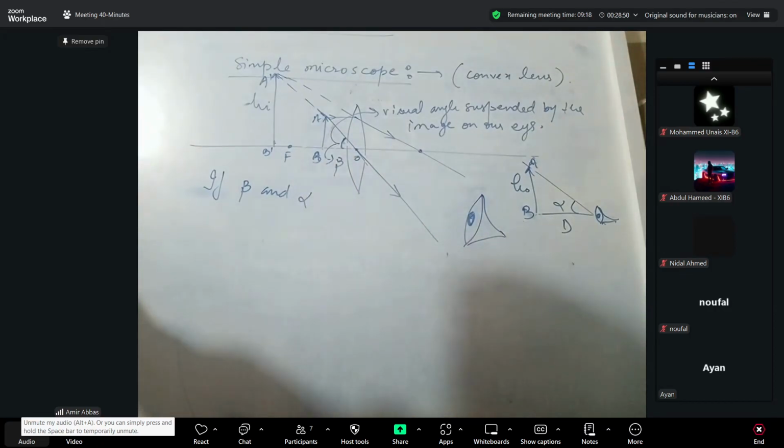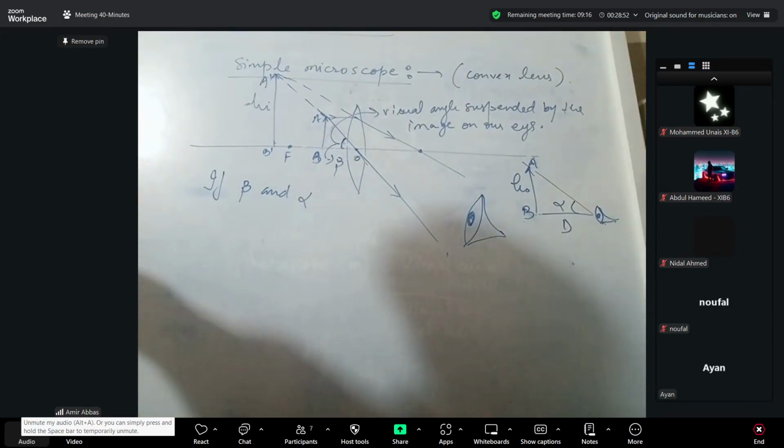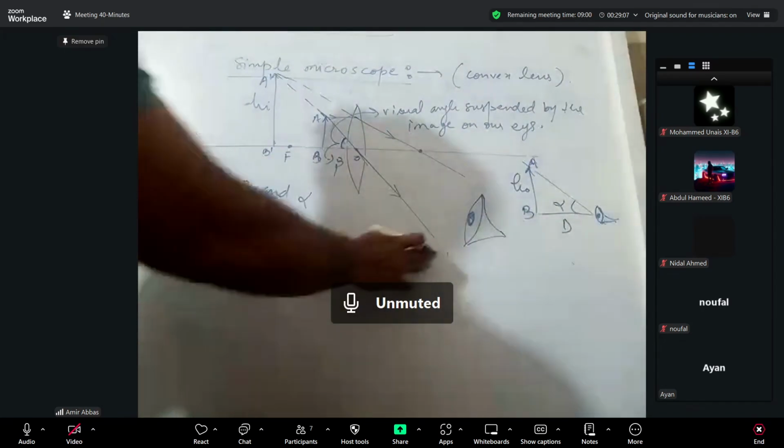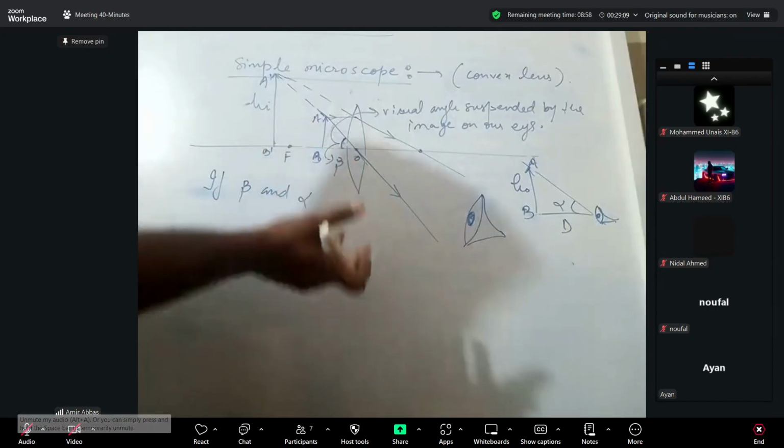They are very small because a microscope is used to see smaller objects, not elephants. Smaller objects, very good. So the angle subtended will also be smaller.